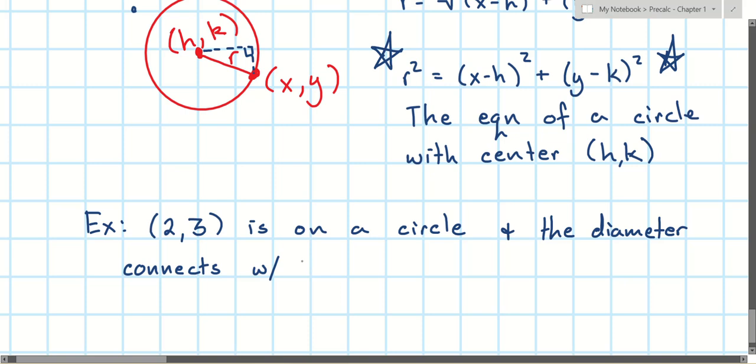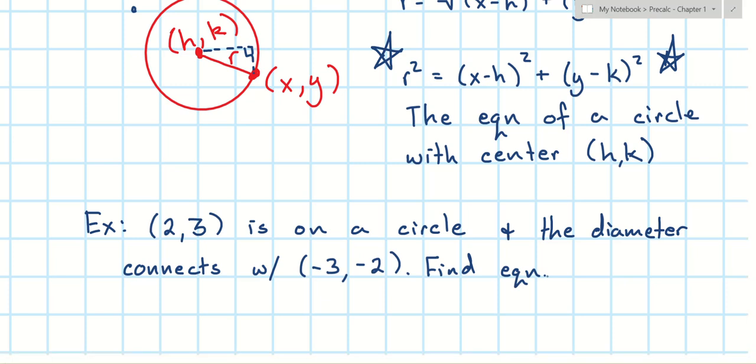Let's say -3, -2. I want you to find me the equation of this circle. Cool. We have 2 points that are on the circle, joined by a diameter.